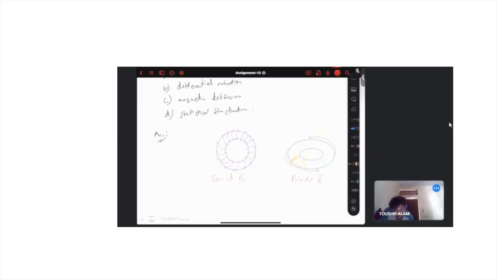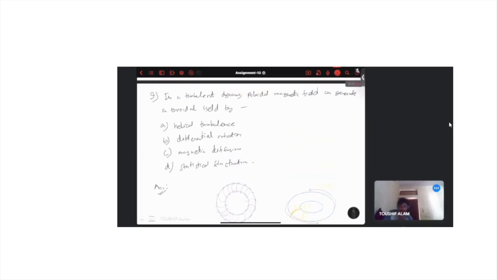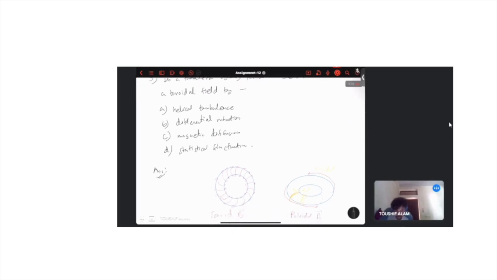Anyway, my point is toroidal and poloidal manipulation: in a turbulent dynamo, there can be conversion from toroidal to poloidal.